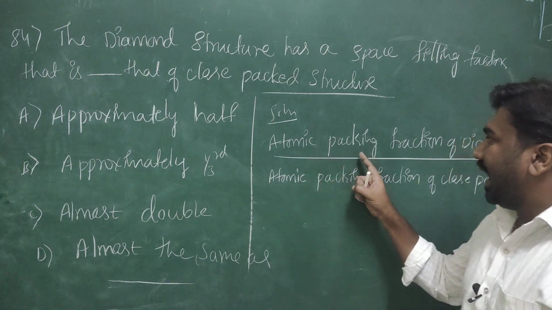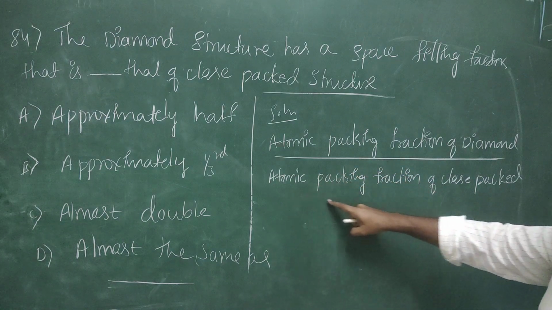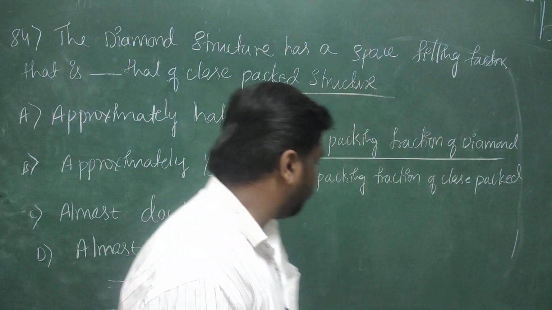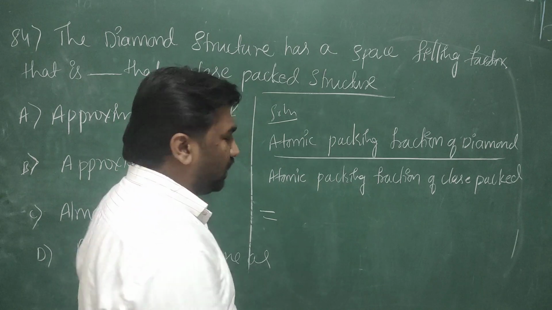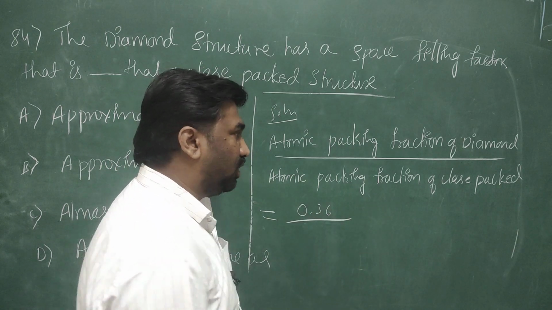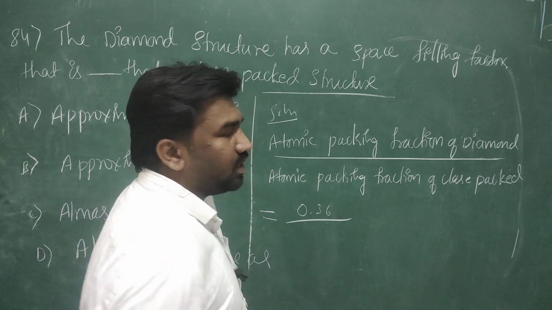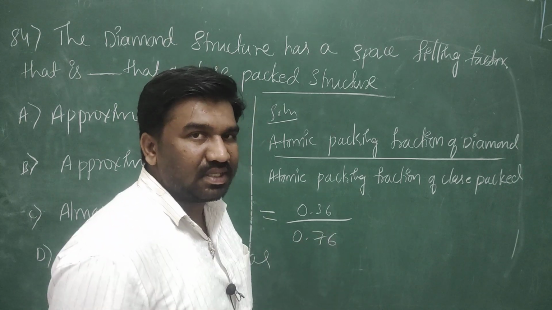So the atomic packing fraction of diamond divided by the atomic packing fraction of close packed. The atomic packing fraction of diamond is 0.34 and that of hexagonal close packed is 0.76, I think 0.76 or 74.